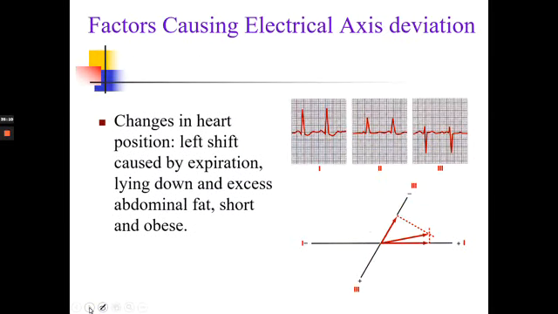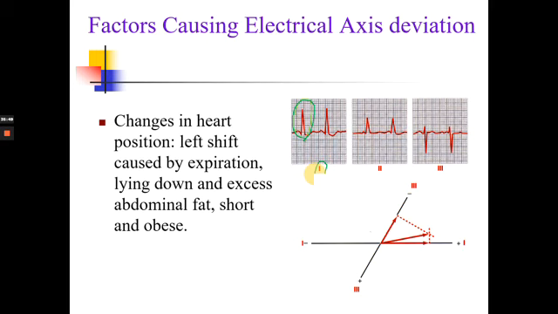Now we come to the mean electrical axis. You remember when we want to measure the mean electrical axis, you take any two limb leads, whether bipolar or unipolar, and what do you do? You just get the algebraic summation of the QRS.